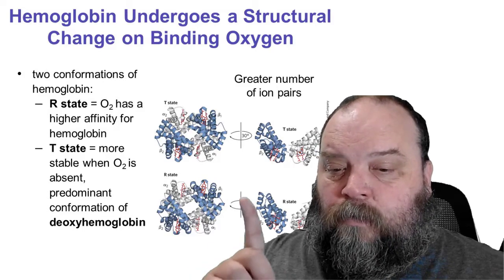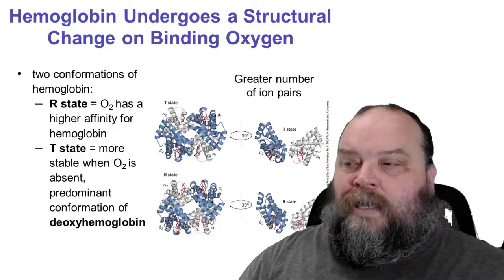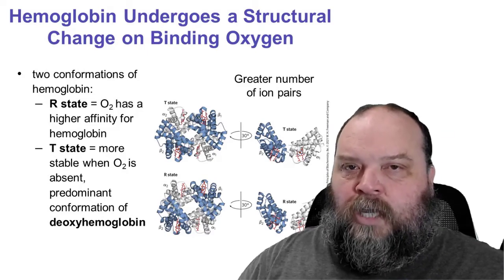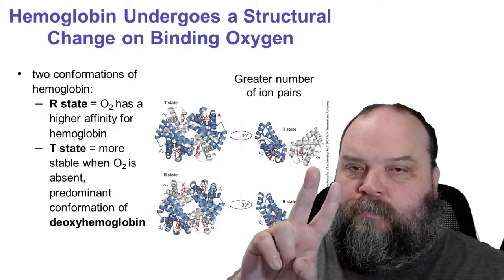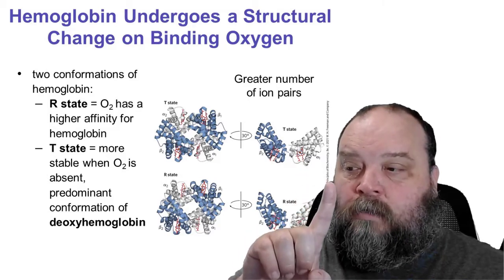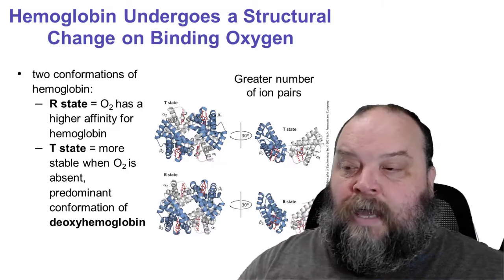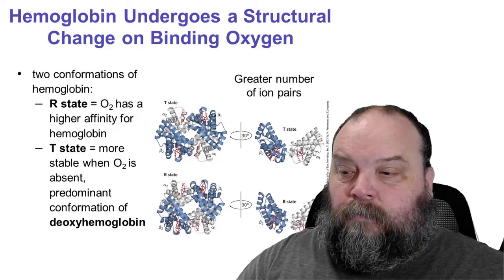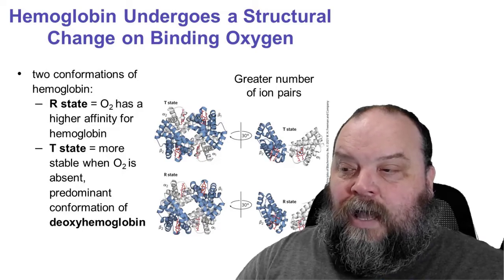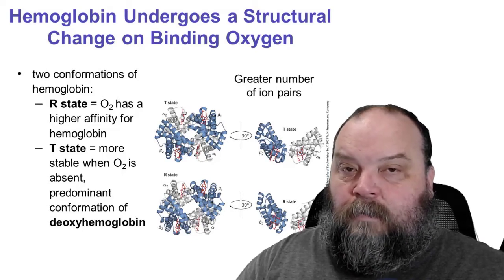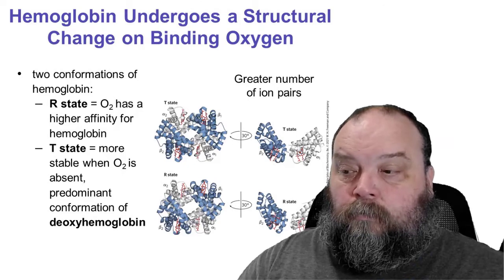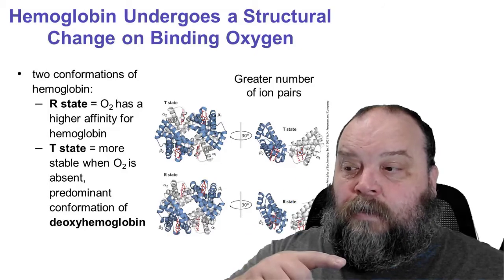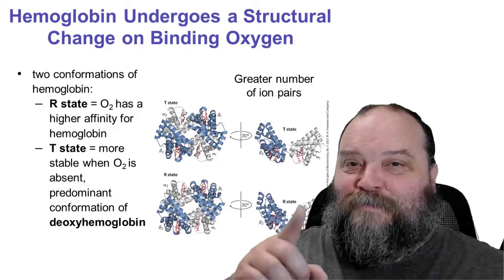As we see here, though, when it comes to hemoglobin, this conformational change is between two states. The first state we refer to as R, the second state we refer to as T. The R state, the hemoglobin, has a higher affinity for oxygen.